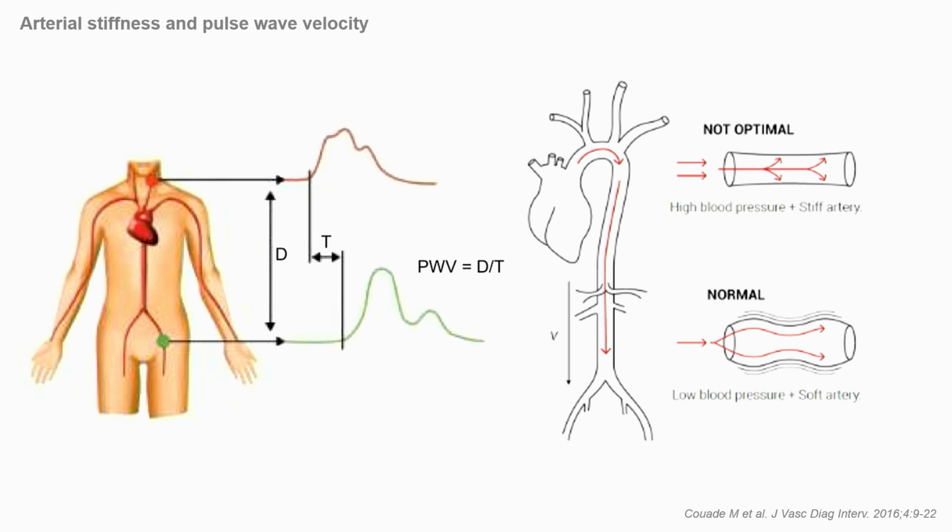But when the arteries become stiffer, the waves would not be absorbed and travel at a much faster speed. So the pulse wave velocity, which is distance divided by time, would increase in stiffer arteries.